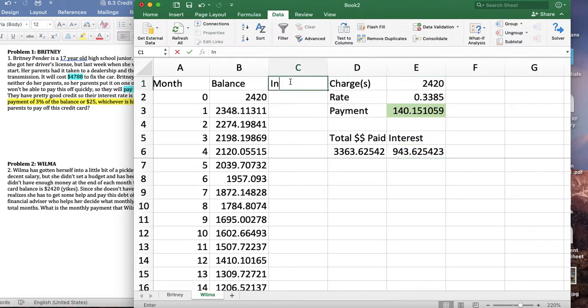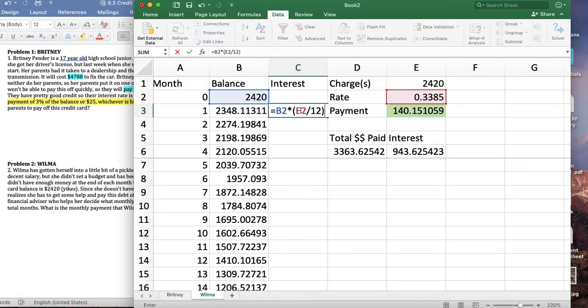I also want to show you, we could calculate interest now in a third column. Just remember, you have no interest here in this first month that the charges are made. Then you start to accumulate interest in that first month. So you say previous balance, which is here in cell B2, times interest rate divided by 12.